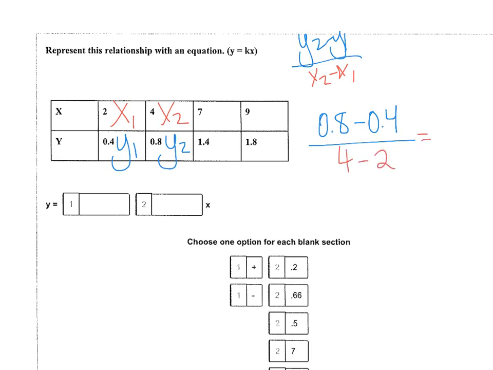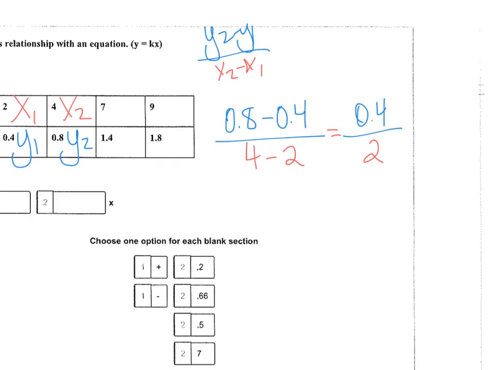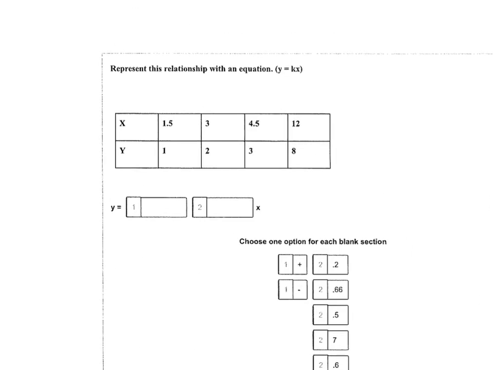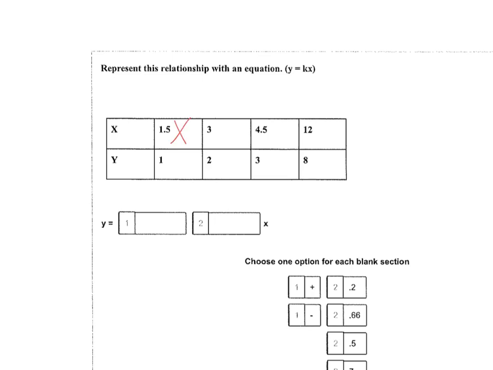So 0.8 minus 0.4, and I get 0.4. And then 4 minus 2 is 2. So when we divide these, 0.4 divided by 2, I get 0.2. Same thing here, just be careful. x1, x2, y1, y2.